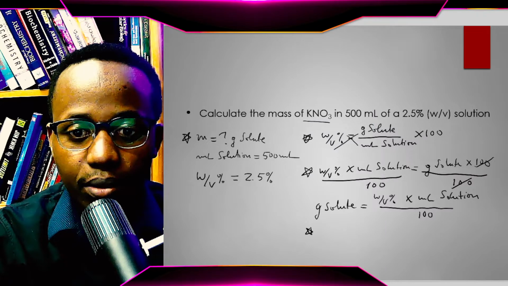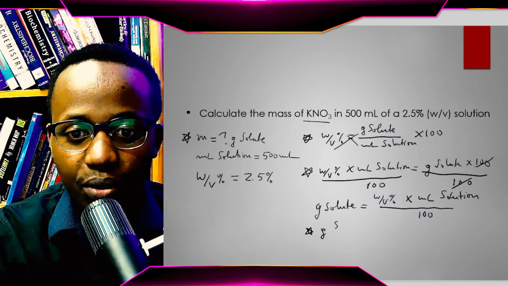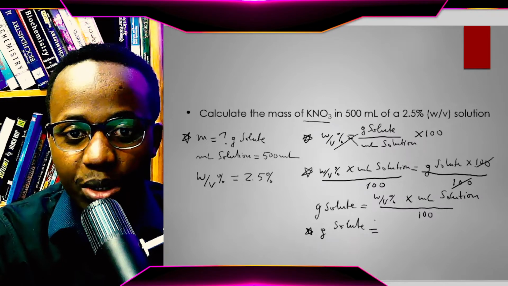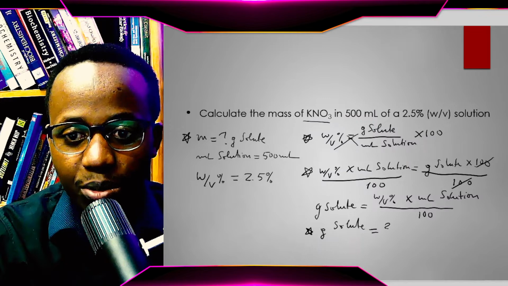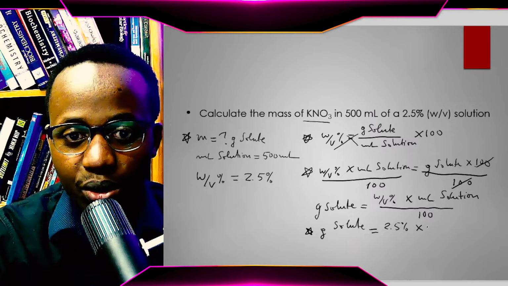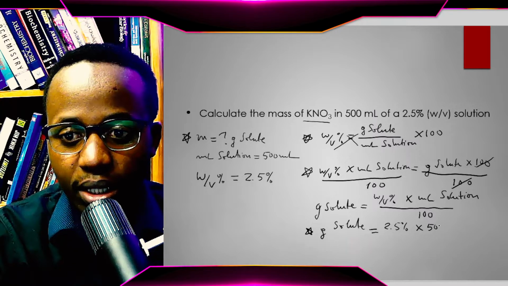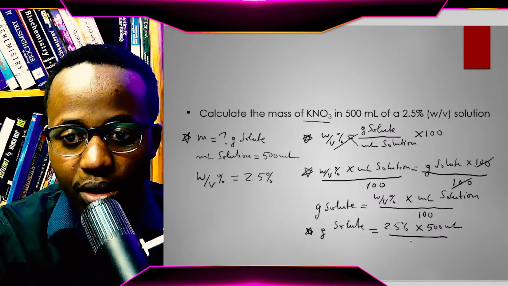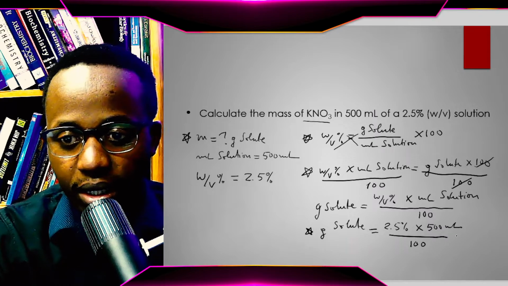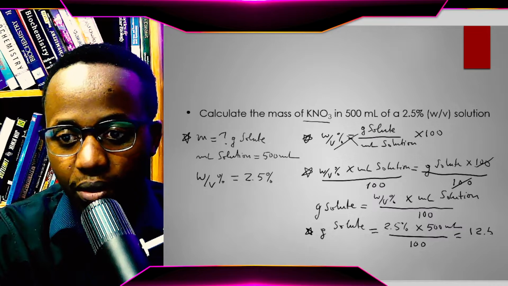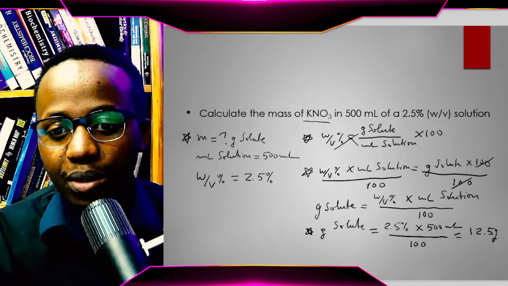Step 4, all you need to do is just substitute. So grams of solute is equal to weight per volume percent, which is 2.5% in this case, times ml of the solution, which is 500 ml, over 100, and that is 12.5 grams.